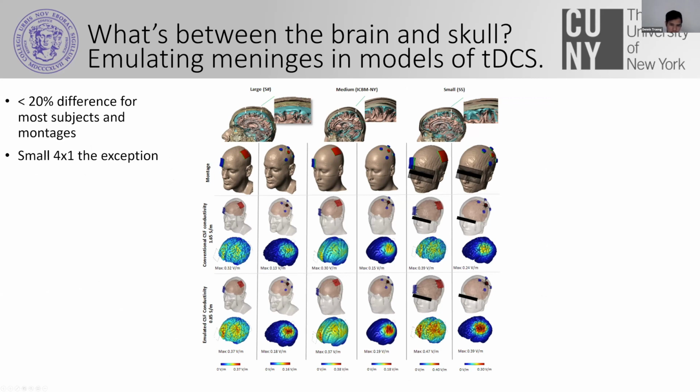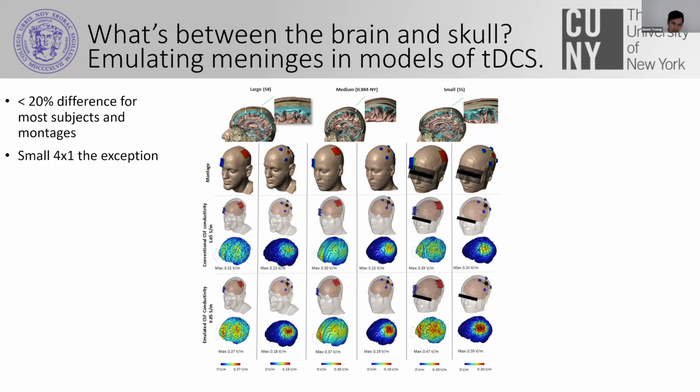This ICBM-NY, which is an average head that Andy developed based on, I think, the MNI 152 or so head. And then we also have a smaller head that we use in some of our other studies as well. Typically, the subject gets the highest intensity. Typically, Marome gets a little bit of a lower intensity. So we want to get a nice little range of different subjects.